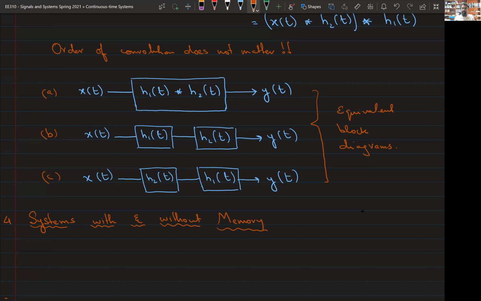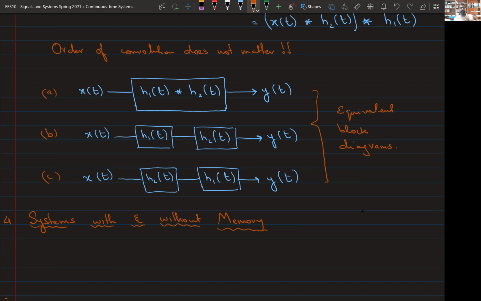Now, the question we want to answer here is, we are just dealing with a subclass of systems which are LTI systems. Remember, systems being memoryless or with memory is a general property of all systems, whether they be LTI or not be LTI. But since we're now focusing our attention on LTI systems in particular, and we know that LTI systems are completely characterized by their impulse responses.